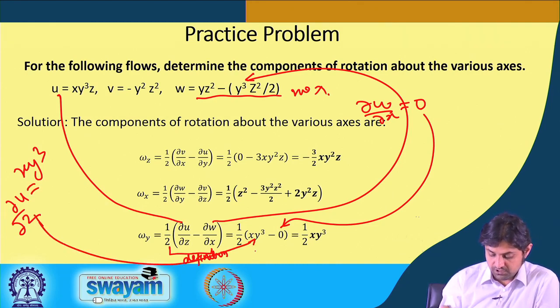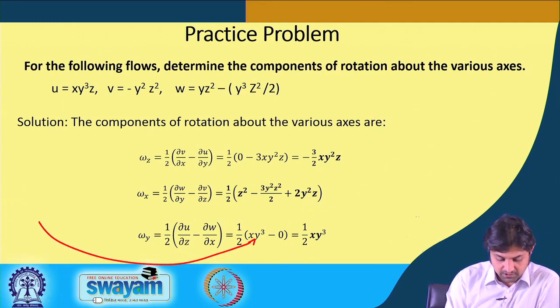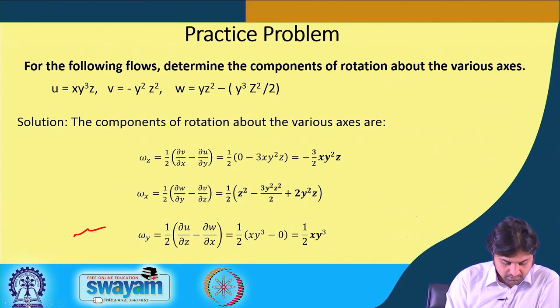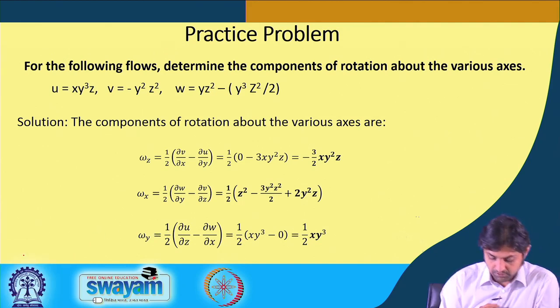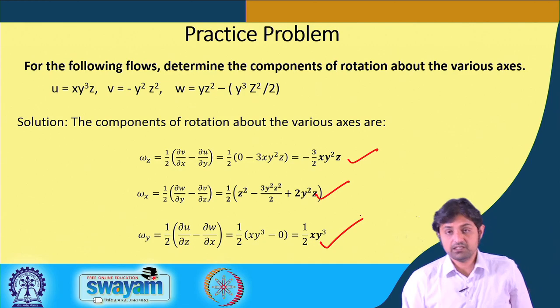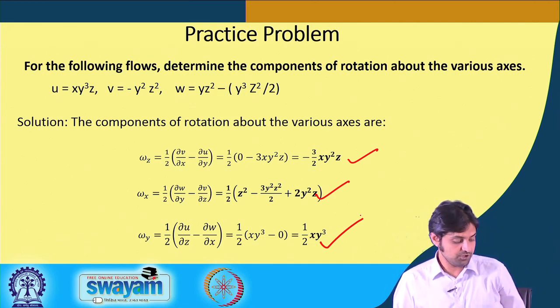Okay, so I will erase all this ink here. Okay, so we have calculated omega z, omega x and omega y, and this gives us our 3 rotational components.